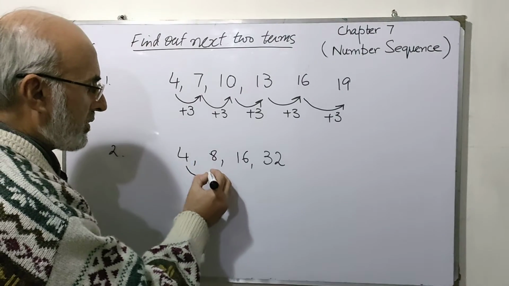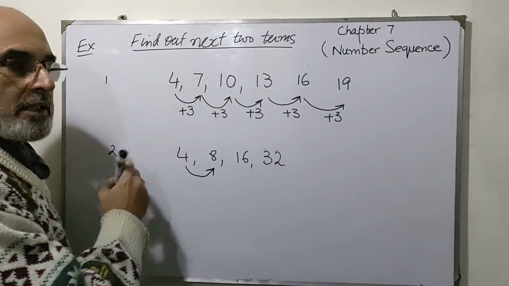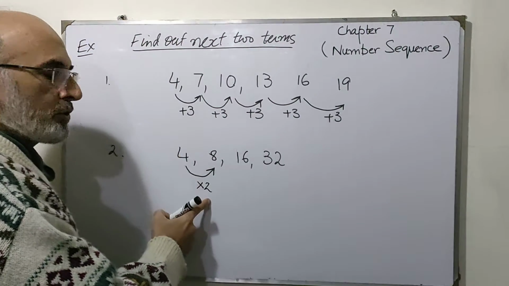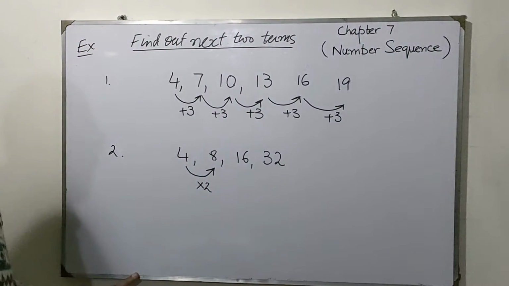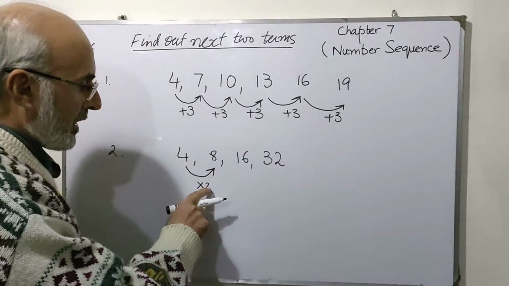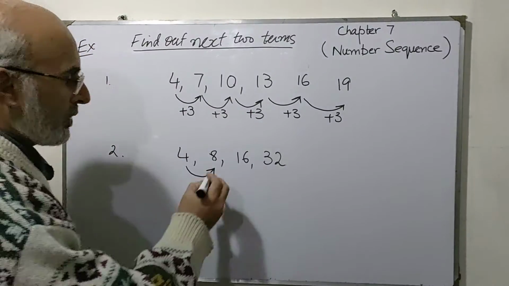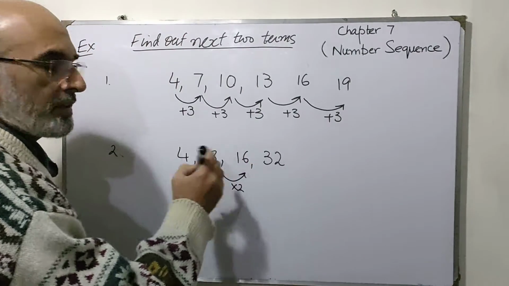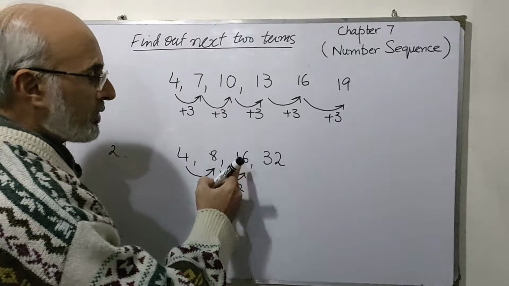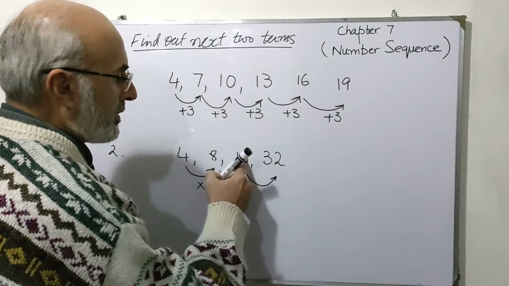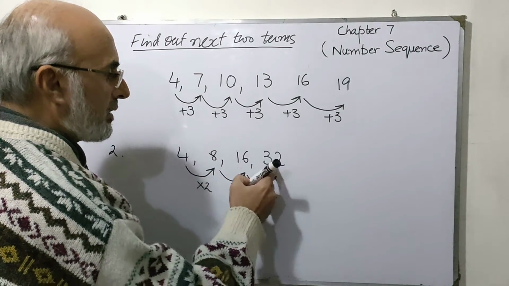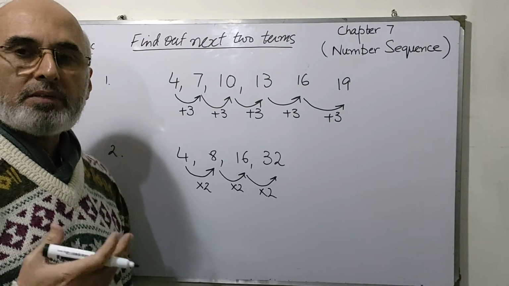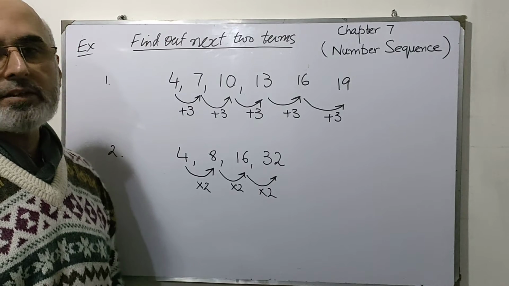So in this case, if we multiply 4 with 2, 4 times 2 is 8. Simple. And then if we apply the same rule to the second term, 8 times 2 is 16. Applying the same rule to the third term, 16 times 2 is 32. Fine. We have our rule. Multiplying the previous term with 2, we get the next term.